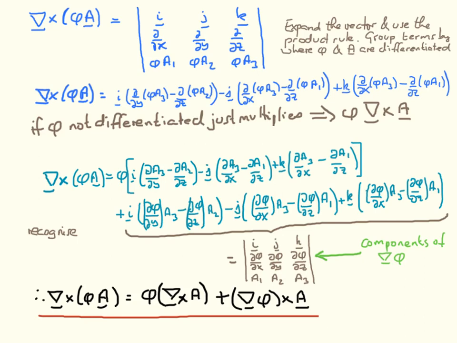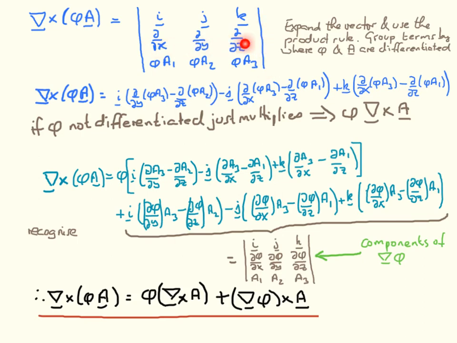So the next exercise is to calculate the curl of a vector field multiplied by a scalar field. So again, a scalar field multiplied by a vector field is a vector field overall. And what we do is we say the definition of curl is to calculate it in this way.